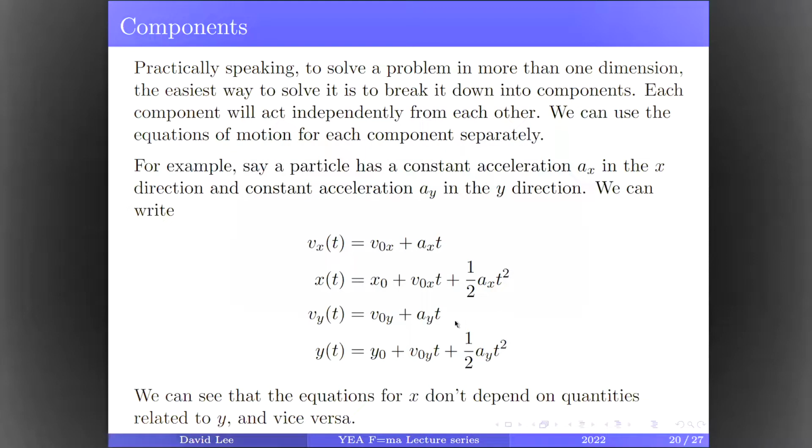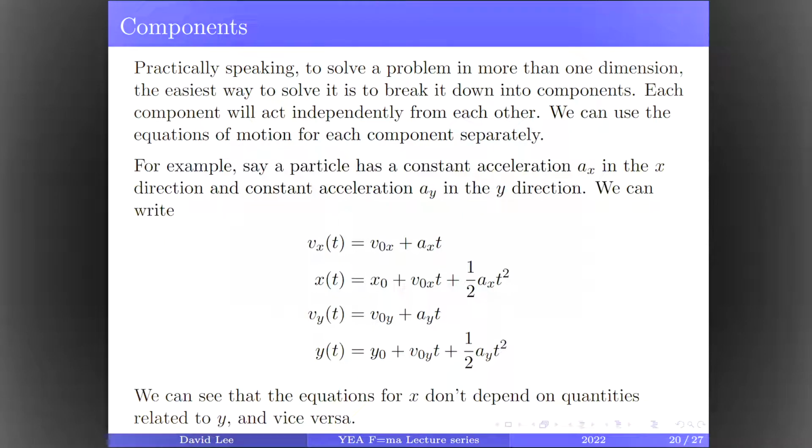For example, say you have constant acceleration a_x in the x direction, and constant acceleration a_y in the y direction. Well, we can write two equations of motion for the x direction, and two equations for the y direction.